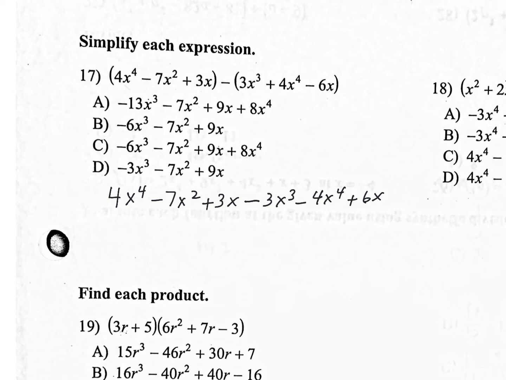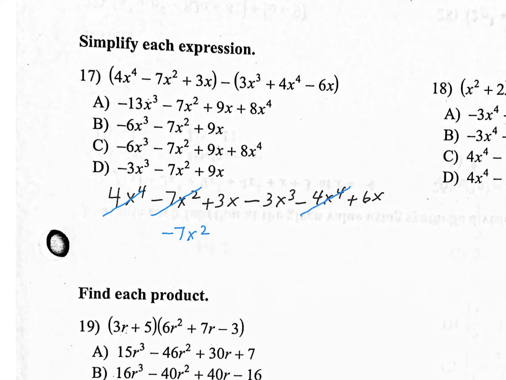So I have 4x to the 4th, and I have negative 4x to the 4th, so that's going to become 0. So now I have negative 7x squared. Do I have another x squared? No. So it's negative 7x squared, so I'm going to eliminate that there. Do I have another x?